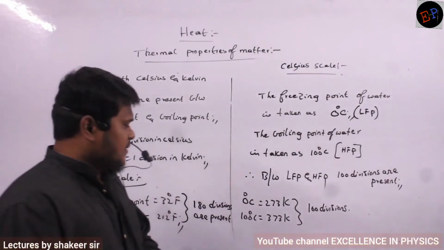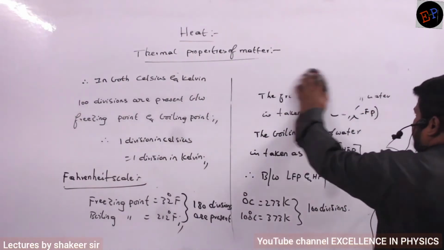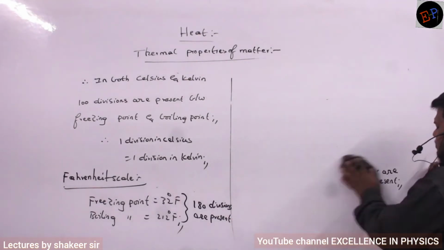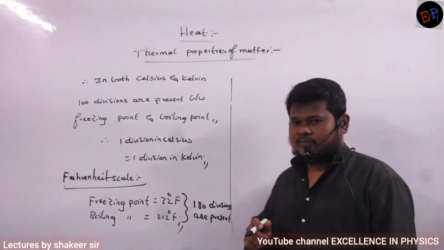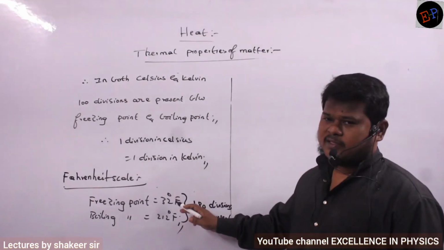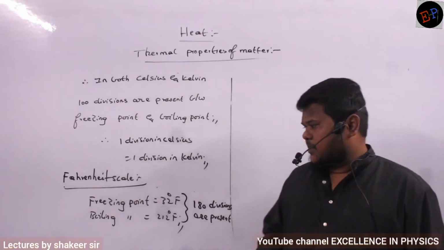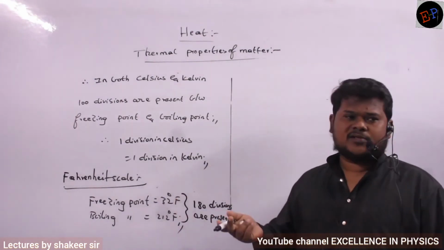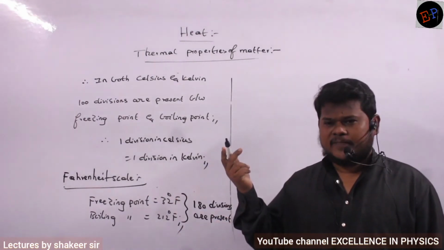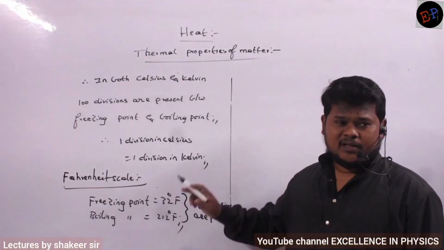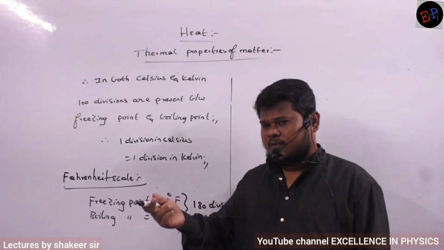But in the Celsius scale, how many divisions are there? 100 divisions are present. But the change of temperature is the same, no? So 212 minus 32, what is the change in temperature? 100 minus 0 also, the same change in temperature. Because 0 degrees Celsius is also the freezing point. 212 degrees Fahrenheit is the boiling point and 100 degrees Celsius is also the boiling point.